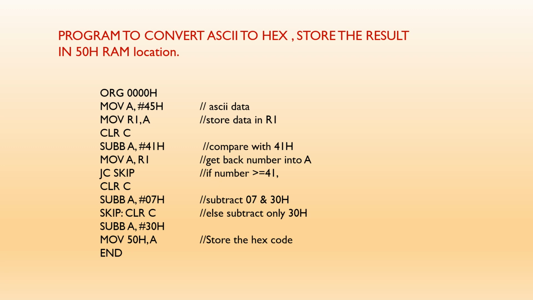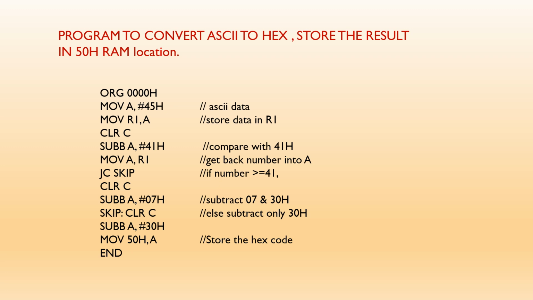In the skip label, I subtract 30 from the ASCII data. Since I'm using the subtract with borrow instruction, I need to clear carry first, then subtract 30H from the content of A. Then the result is stored in memory location 50 using the direct addressing mode.